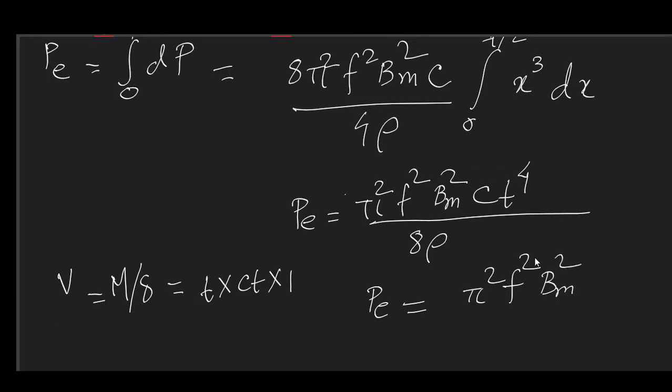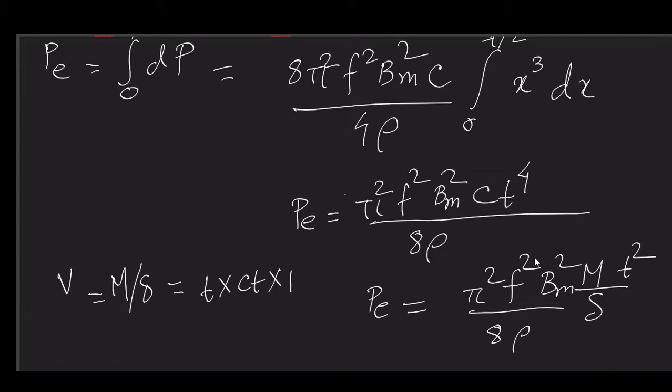This CT4 we can have it like m by delta, and here it will be t square, and here 8 rho.